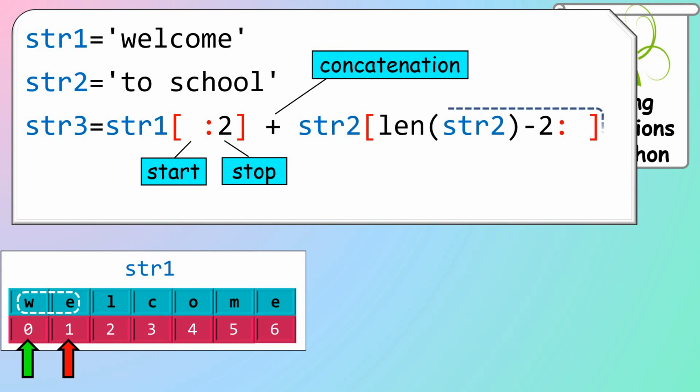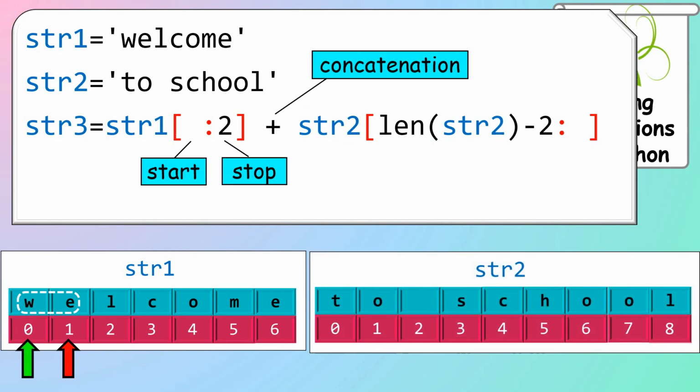And now I will move on to the second operand, str2 within square bracket len of str2 minus 2 colon. Okay, for this you take str2. So here str2 square brackets is the slicing operator, and within the slicing operator there are two parameters, start colon stop. Look at the start. It's an expression, len of str2 minus 2.